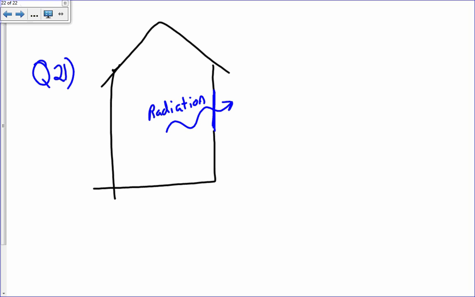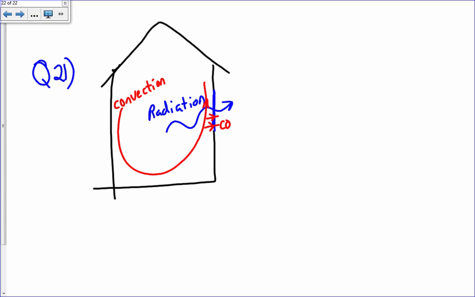We have convection and conduction, which sort of happen at the same time. In convection, you have these hot air currents that will move air around the room, and conduction, where heat will leave the room when those hot air currents come into contact with the window.